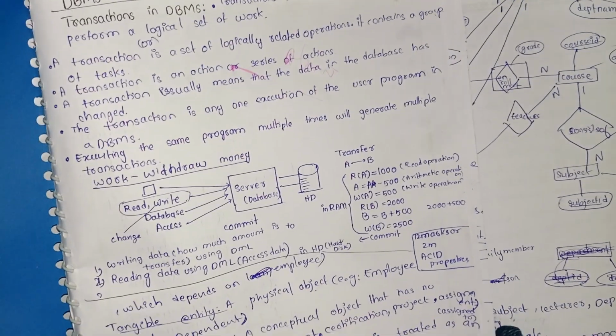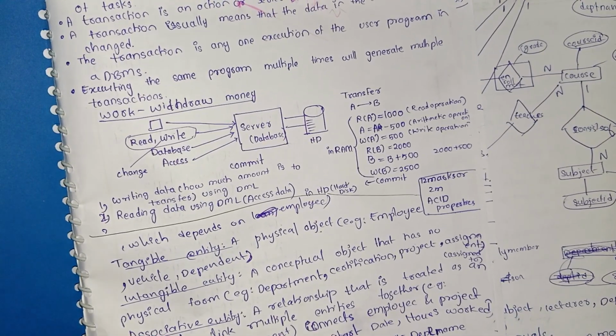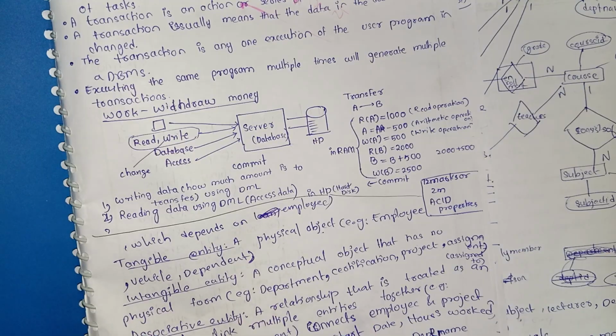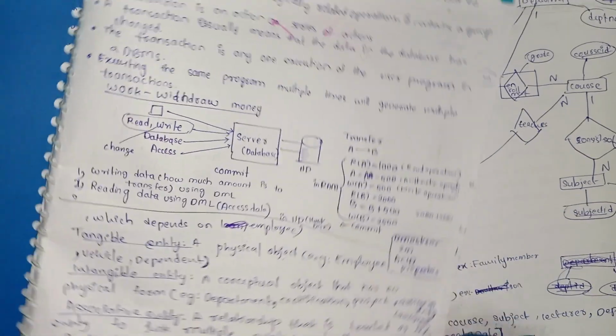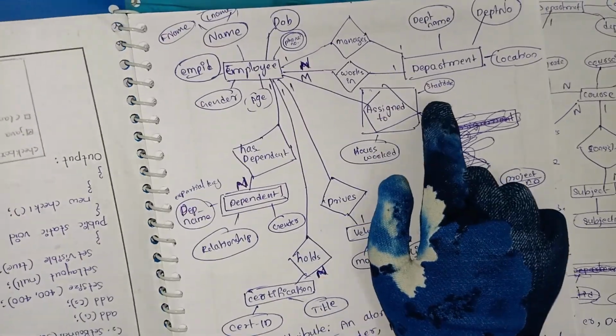So here associative entity means it also holds the relationship, like in this example assigned to, and it has its own attributes, like in this case hours worked and start date, okay.